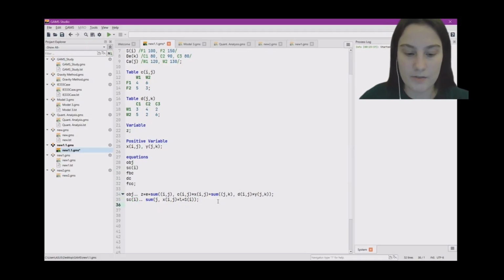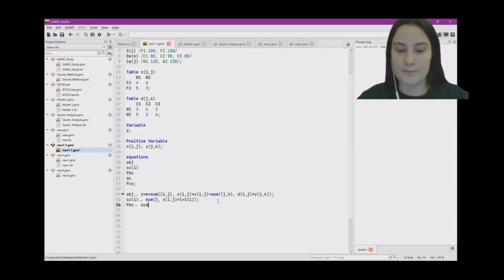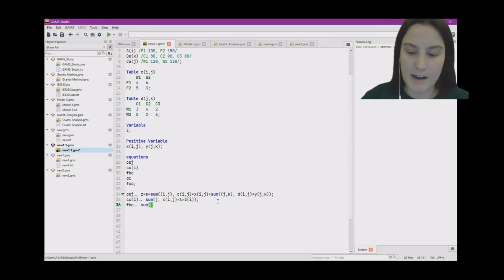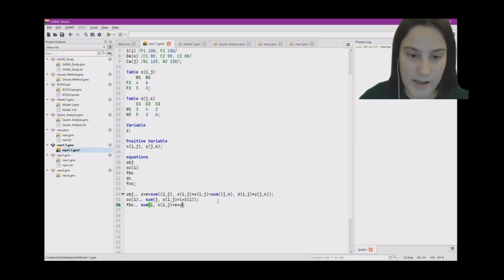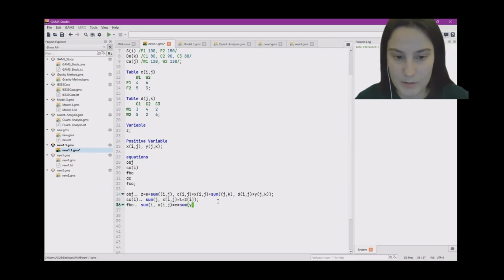And then we have the flow balance constraint. We are summing I, X(ij), and then this is going to be equal to, again equal to, sum of JK here, of course, and then Y(JK).